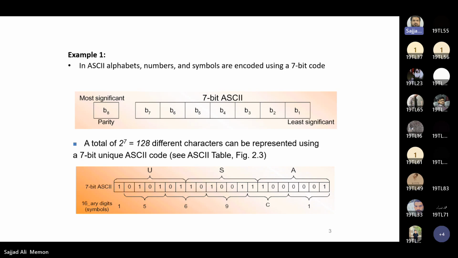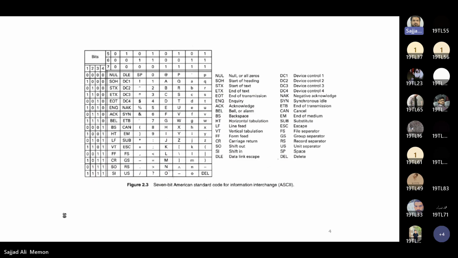So how it is done: we have an ASCII table, you can see here. If you see U, you will find it is here. So U is here, you can see 1010 on one side, and on the other side is 101.